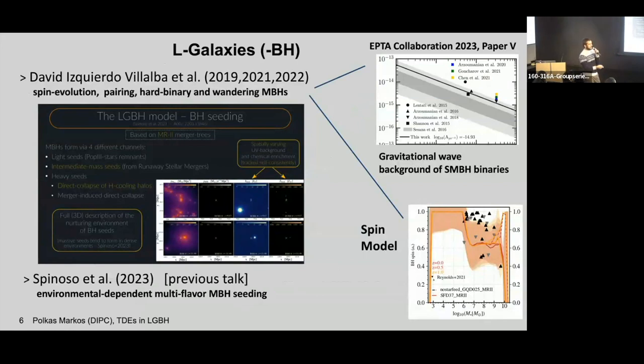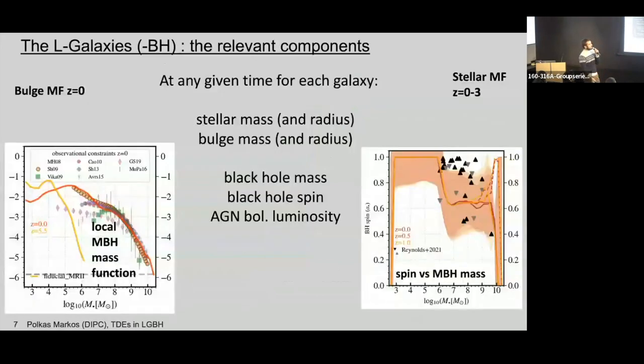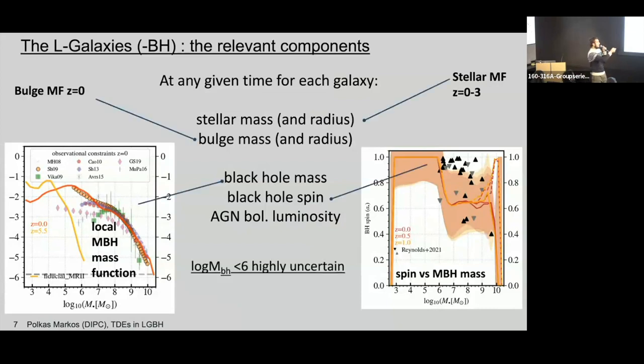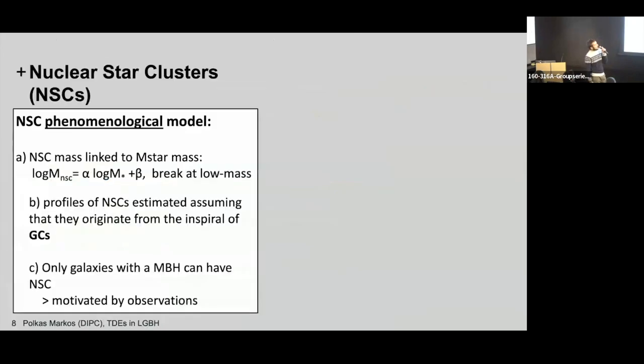It's a really nice spin model that I will refer to later. So we have bulges, we have stars, we have this beautiful black hole mass function that is really compatible with observational constraints, and we have spin. Of course, below 10^6 we are quite unconstrained, but still we can make predictions. What we need more is nuclear star clusters.